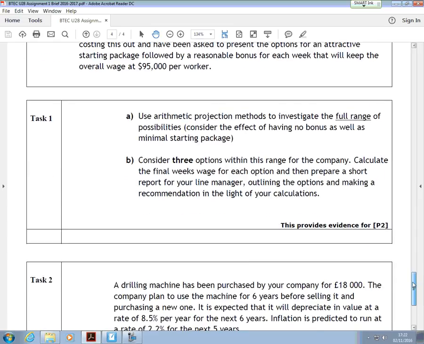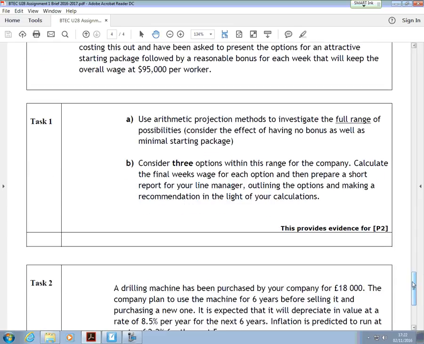Then consider three options within the range, so look at what the range is between no bonus and maximum bonus, and decide on three options to look at, and then prepare a short report for your line manager outlining the options and making recommendations in light of the calculations.